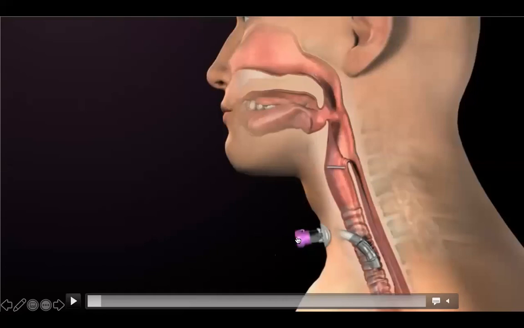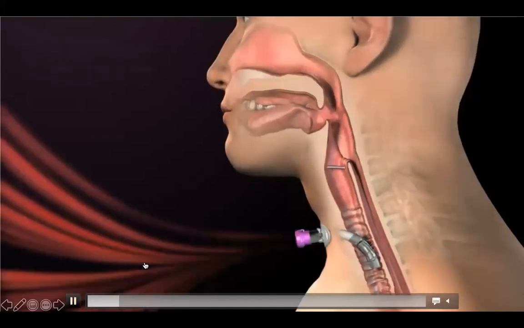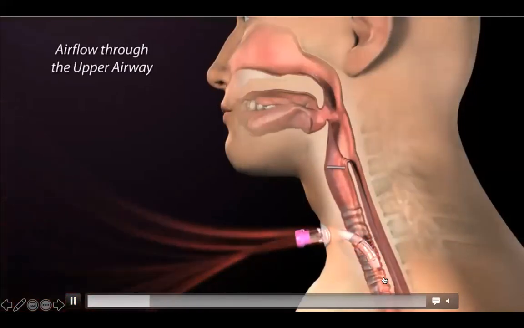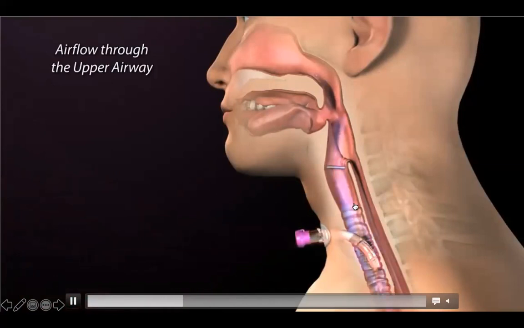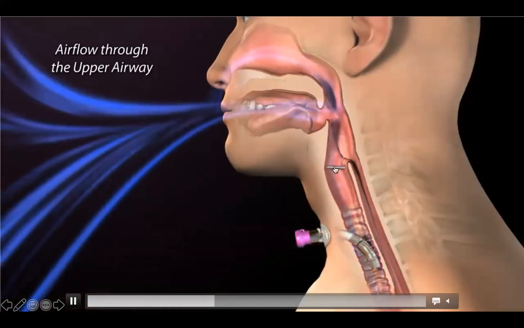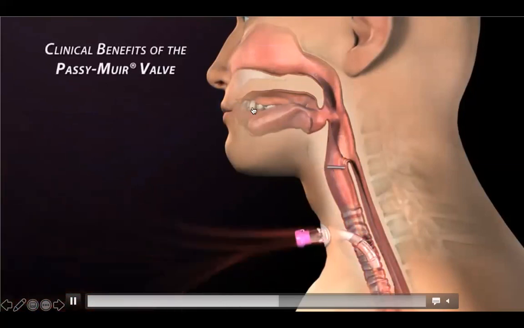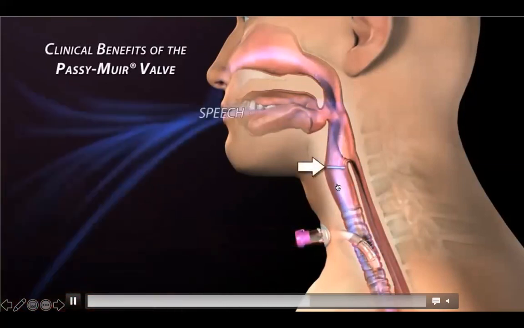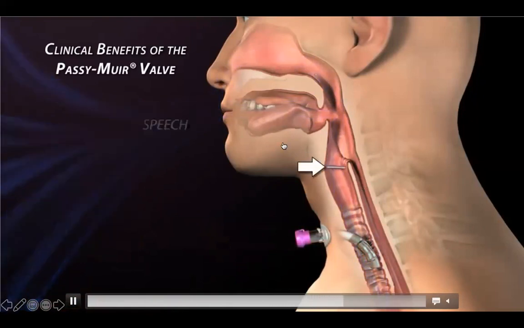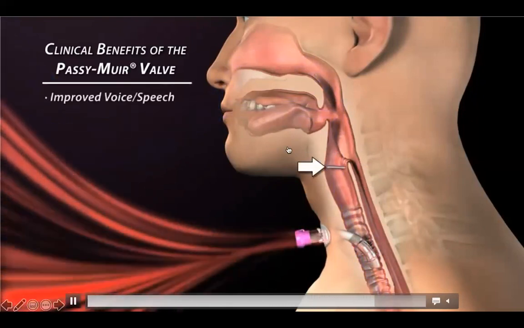Once we put that speaking valve on, the air goes in through the trach, and when we exhale, the air is going to go below the vocal folds, restore that subglottic air pressure, and help the patient voice again, cough again, clear their throat again, regain sensation again.